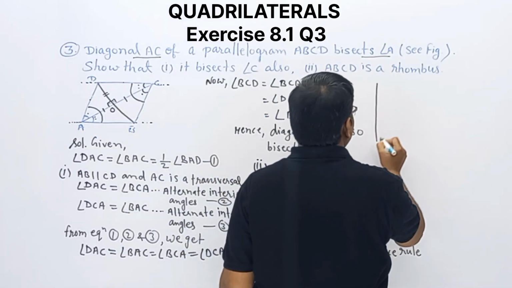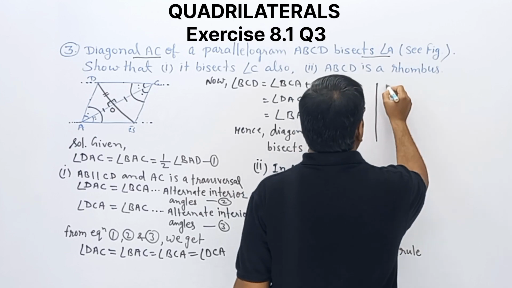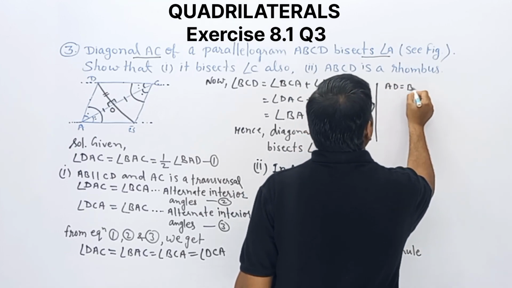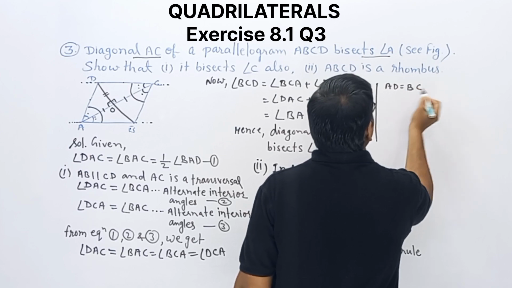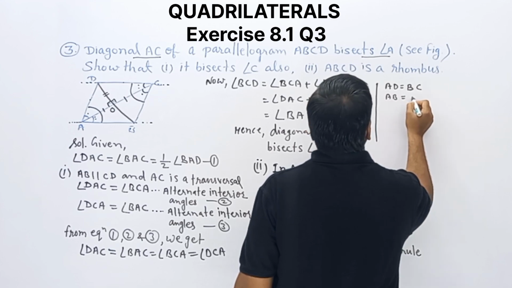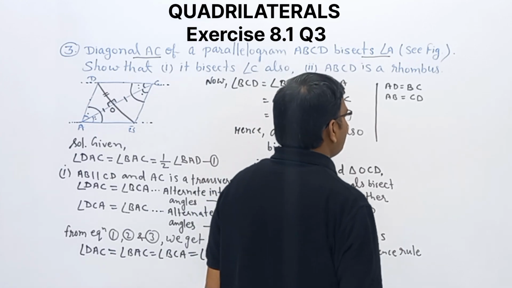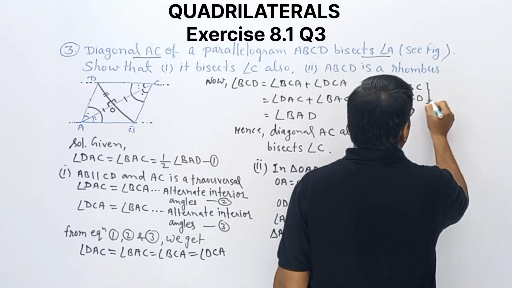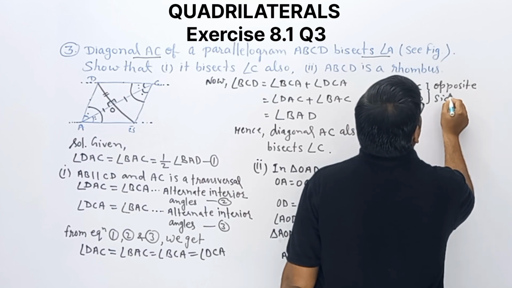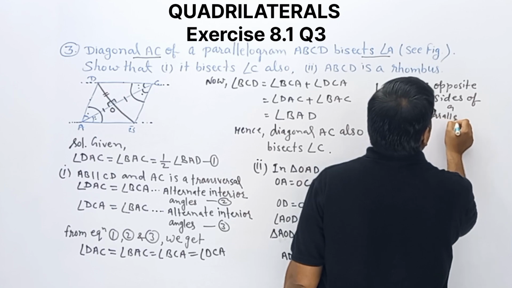Finally, what can we say? Once AD equals CD, we can say AD equals BC and AB equals CD. Why are these equal?